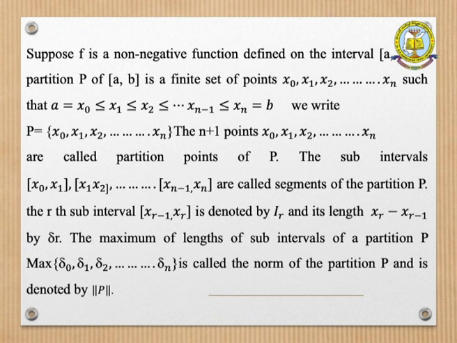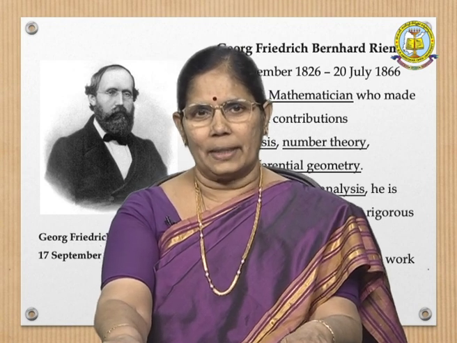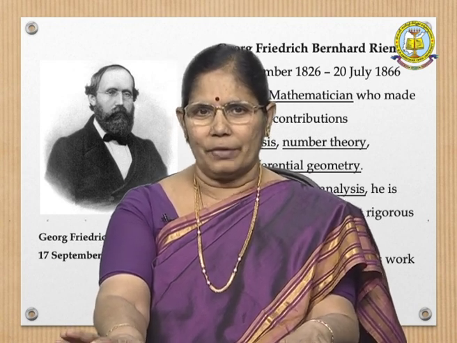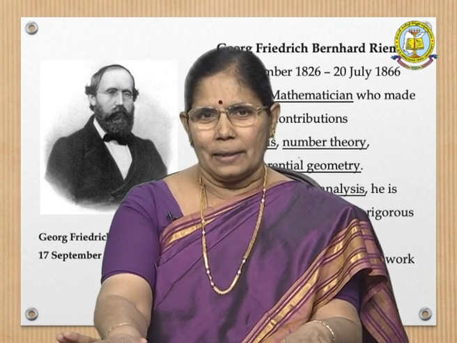We denote the rth subinterval by Ir, which is the closed interval [x(r-1), xr], and its length is xr minus x(r-1). So, the maximum of the lengths of subintervals is nothing but the norm of the partition P.